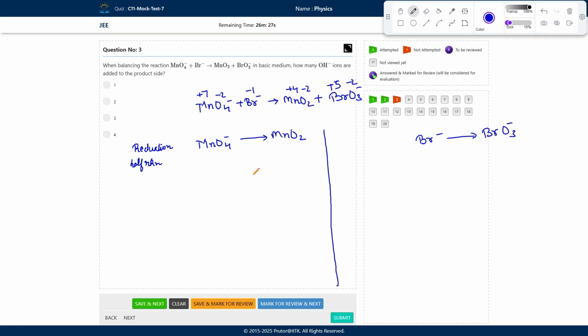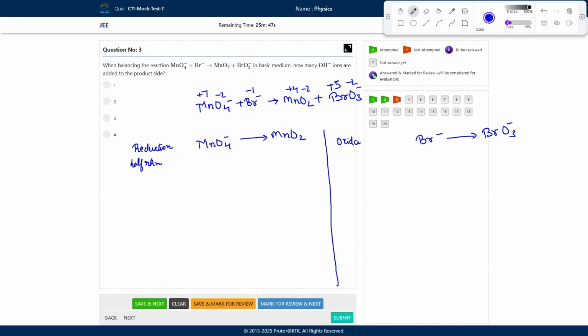You know the final equation before multiplying to equalize the electrons. What will be the final equation for MnO4 minus to MnO2? Because balancing half reactions is an independent thing until the point you balance the electrons. Then you need to compare it with the corresponding oxidation half reaction. But before that, all steps will be the same.